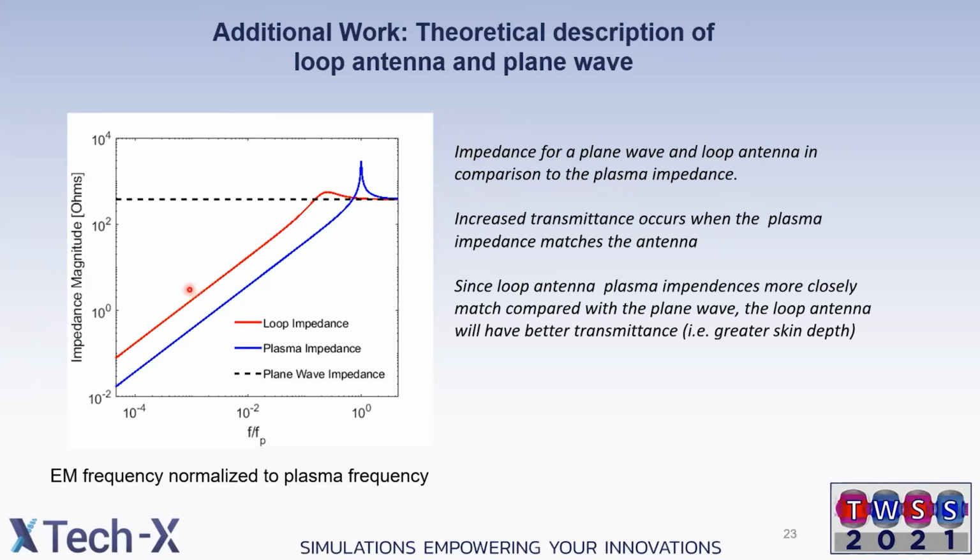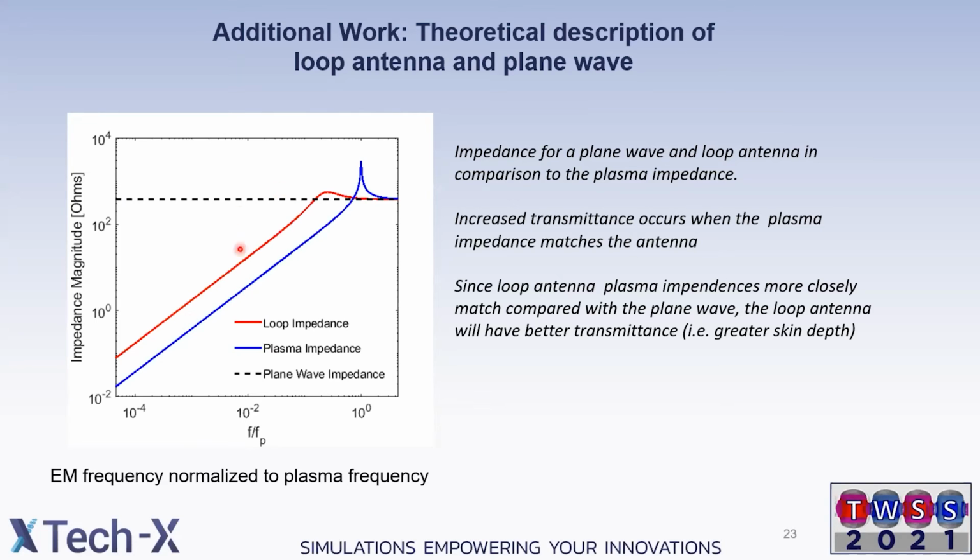And this plot here shows the results of that. So this is the magnitude of the impedance, and this is frequency down here normalized to the plasma frequency. So 1 here would be perfect transmission. And so the black curve is the plane wave impedance. It's 120 pi ohms. And then the loop antenna impedance is here, and then the plasma impedance is the blue curve.